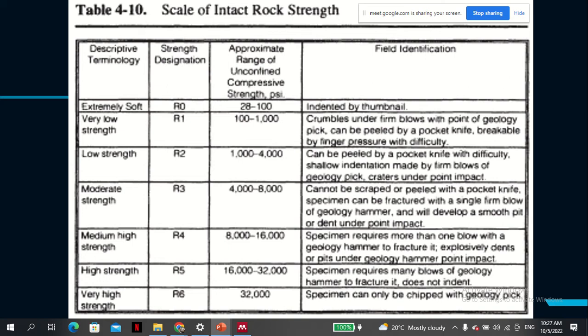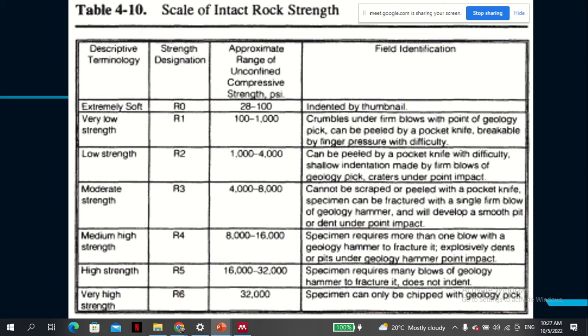So a little bit harder than the extremely soft, but still a very weak rock. Low strength is between 1,000 to 4,000 psi. Can be peeled by a pocket knife with difficulty. Shallow indentation made by firm blows of a geology pick.